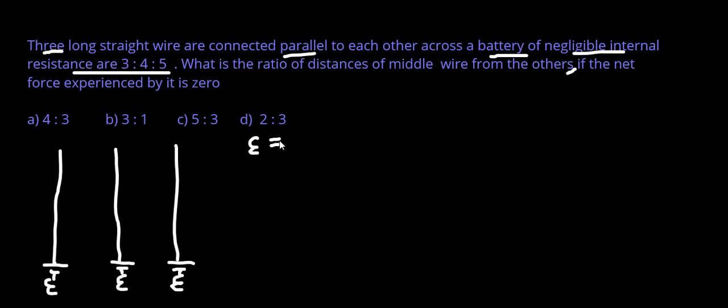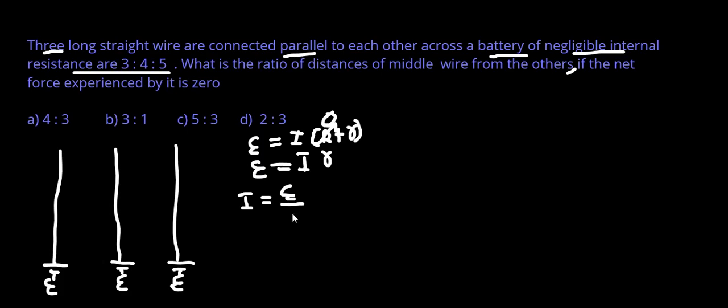So EMF is equal to I times (external resistance plus internal resistance). Since there is no external resistance, that value becomes 0. Now psi is equal to I times the internal resistance, so I is equal to psi, the EMF, divided by the internal resistance.